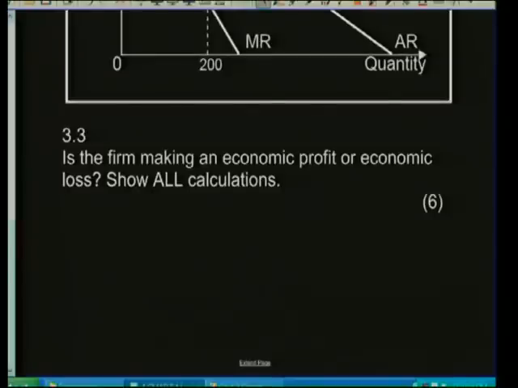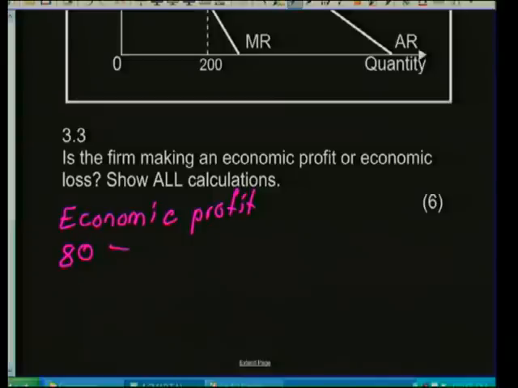When you answer this question, make sure that you know that it consists of two parts, because the question initially asked, is the firm making an economic profit or an economic loss? Your answer will be economic profit. And when you have to show the calculations, you would indicate your economic profit will be 80 minus normal profit, that will be 60.